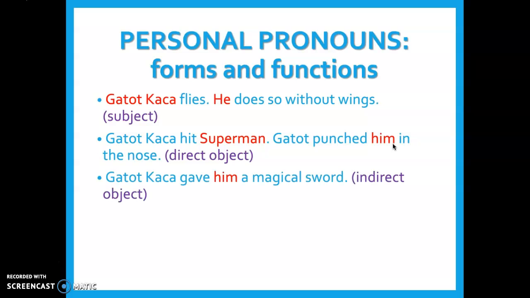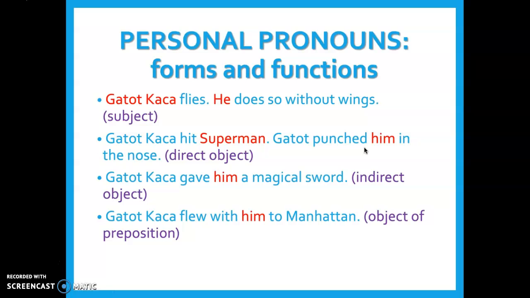The same is true here. Kacha gave him a magical sword, so another objective pronoun, looking at the form, right? He, subjective, him, objective. The difference between the third sentence and the second sentence, this one is indirect object. The direct object is a magical sword, and then in the second sentence, him is the direct object. Okay.